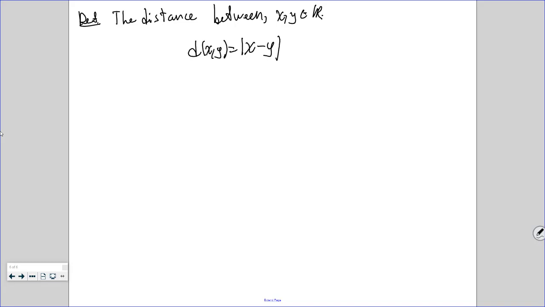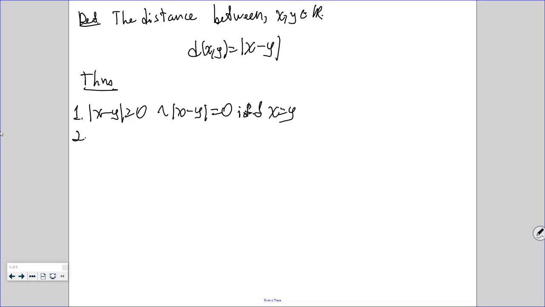The distance has the following properties: the distance is greater than or equal to 0, and the distance is 0 if and only if x is equal to y.